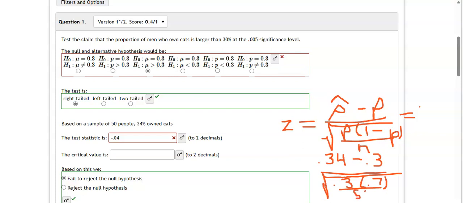There we go. The top of this is going to give us 0.04. And the bottom, when I put the square root of 0.3 times 0.7 divided by 50 in my calculator, is 0.06481.